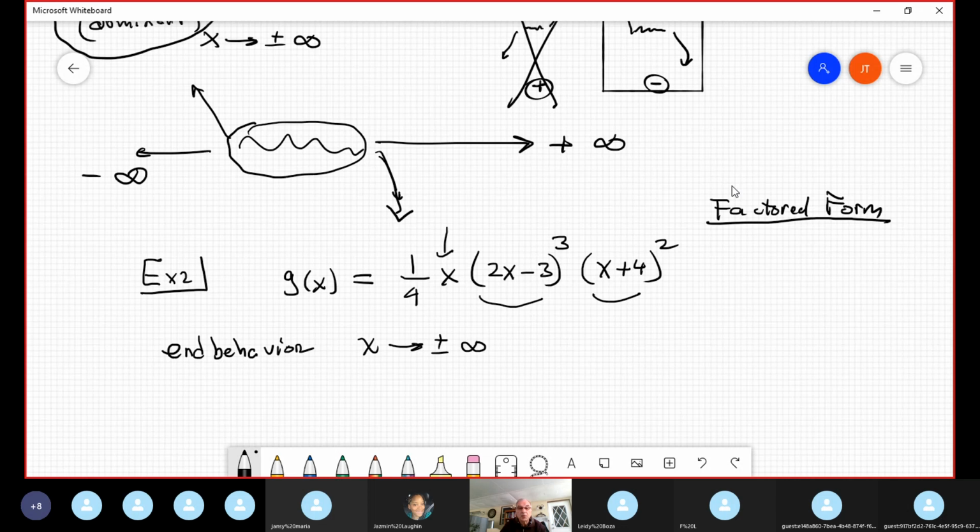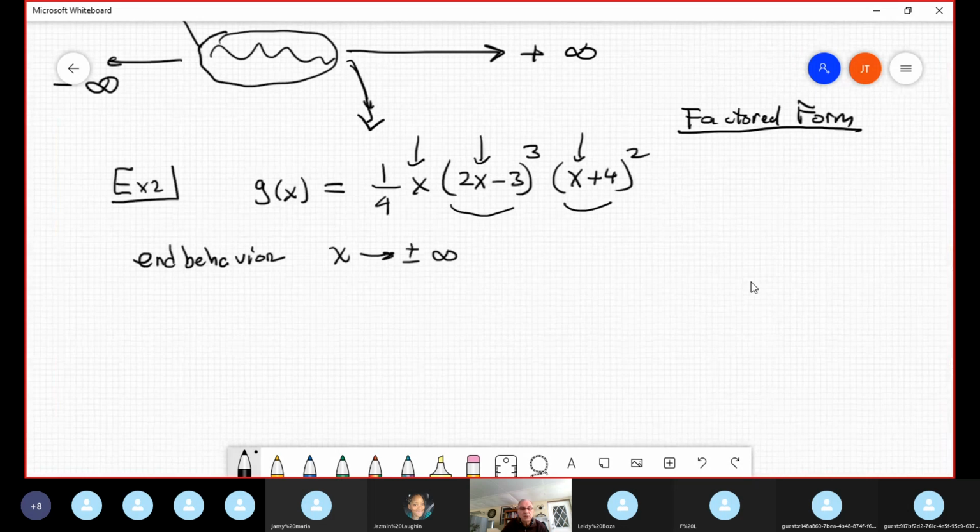When you plug in here a huge number, okay, million, trillion, it's obvious that this number 3 and this number 4 are completely negligible. They do not affect the end behavior. So the end behavior expression looks like that.